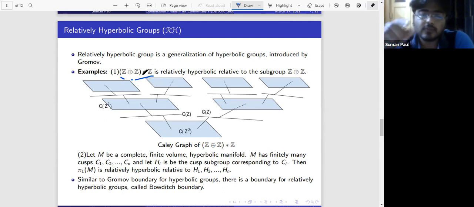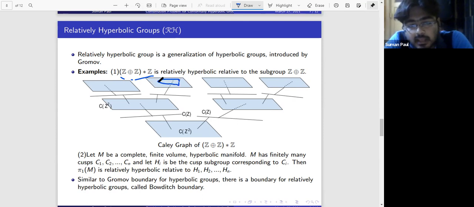So if you construct the Cayley graph of this group, it will look like this. And you take any 3 points here in the plane, and you consider the triangle.